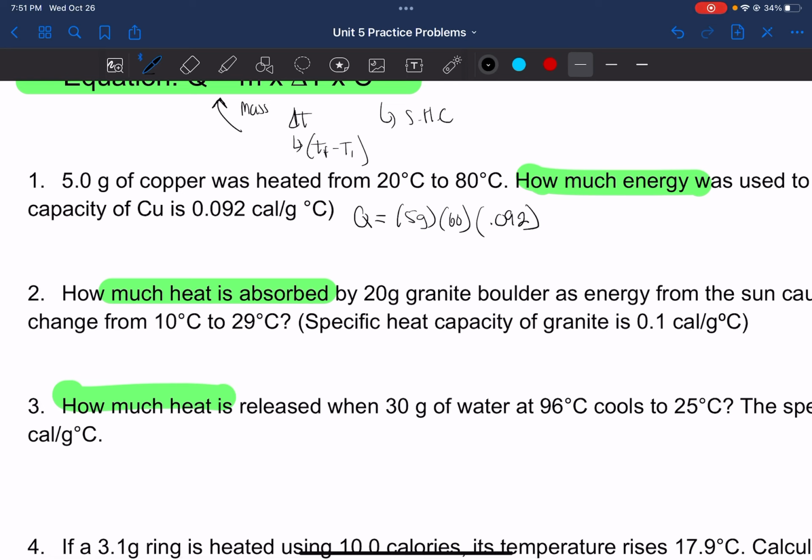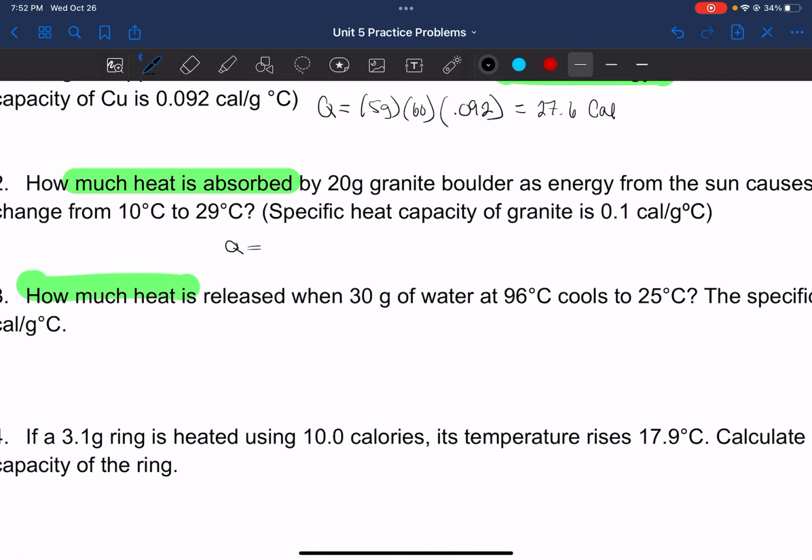And when you calculate that, that's just 5 times 60 times 0.092, equaling 27.6 calories.